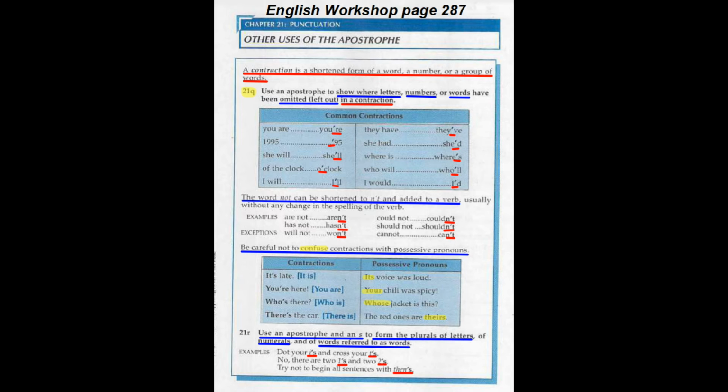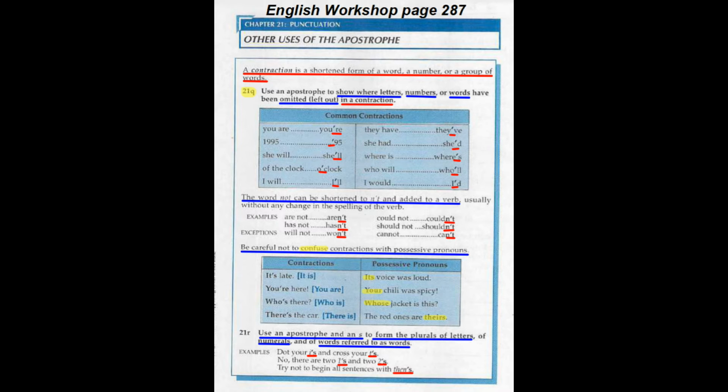Use an apostrophe to show where letters, numbers, or words have been omitted, left out in a contraction. For example, you are is now you're, and the apostrophe is taking the place of the letter A. 1995, the apostrophe is taking the place of 1 and 9.